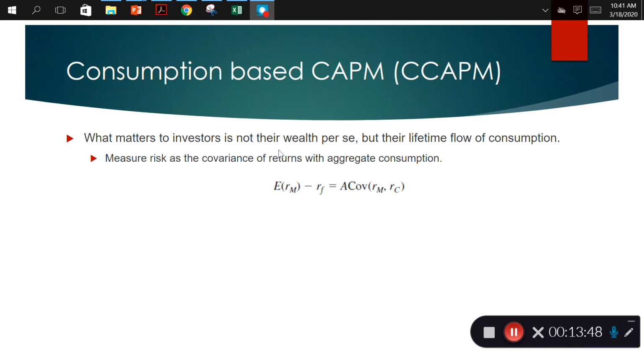Each investor's plan is set to maximize their utility, but not just the utility of wealth anymore. Now it's the utility of lifetime consumption, and the consumption investment decision is made each period based on their age, their current wealth, and the risk-free rate of return and the market portfolio.